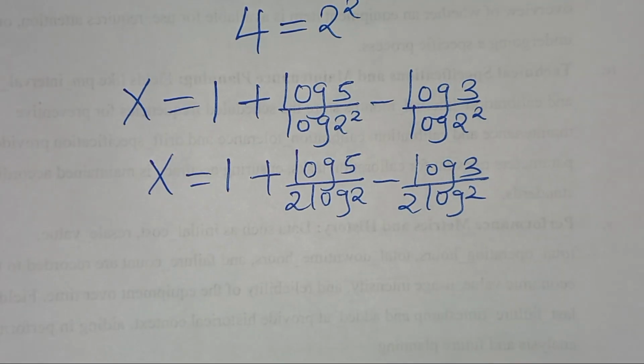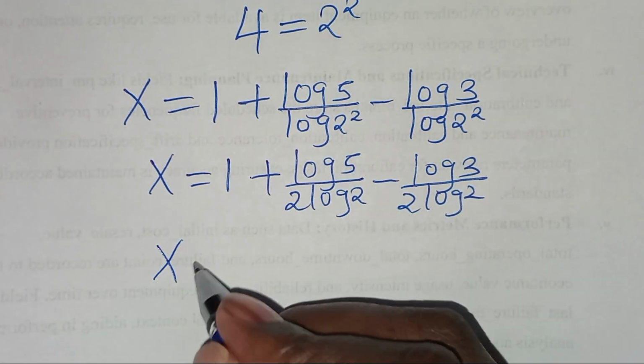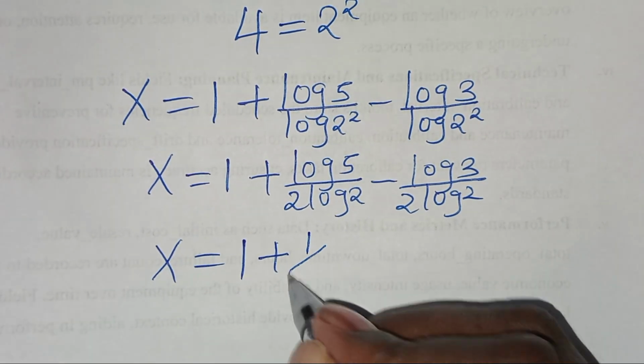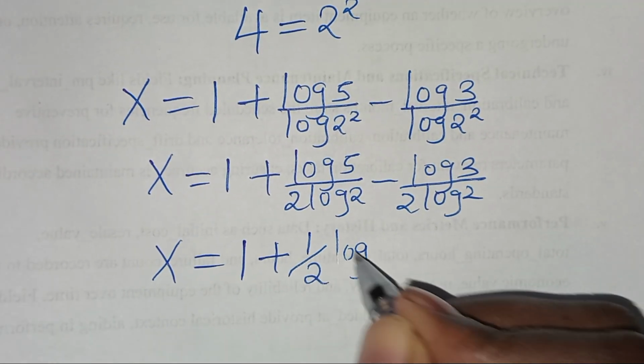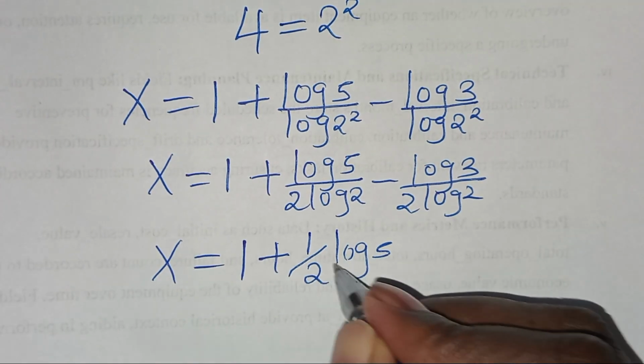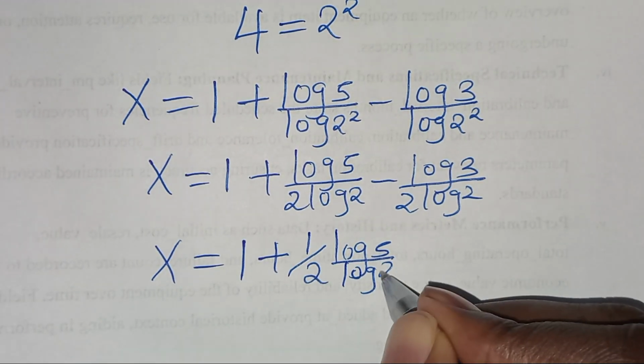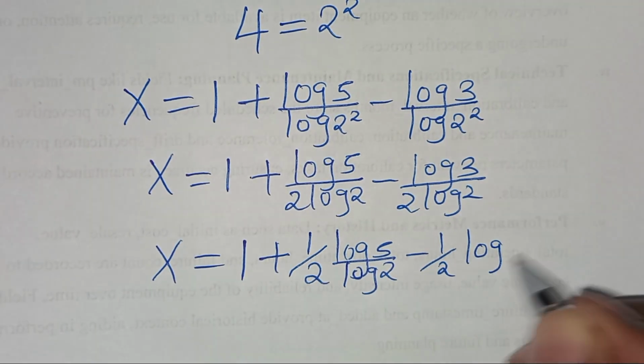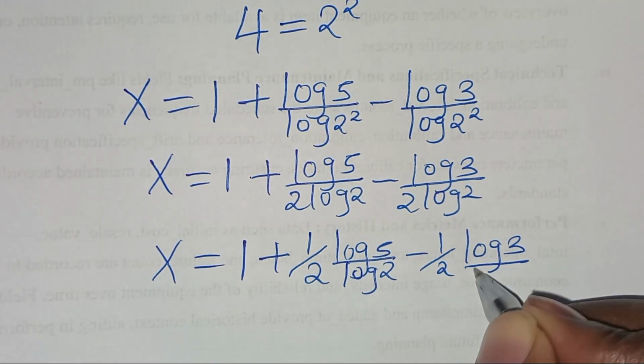So therefore, this implies that x is equal to 1 plus half log 5 over log 2 subtract half log 3 over log 2.